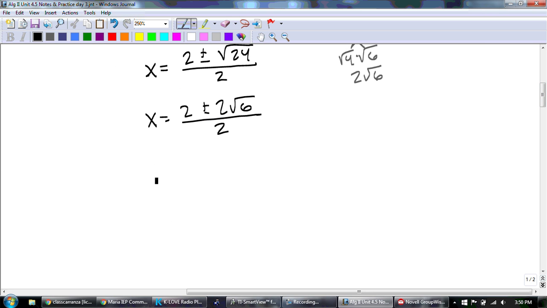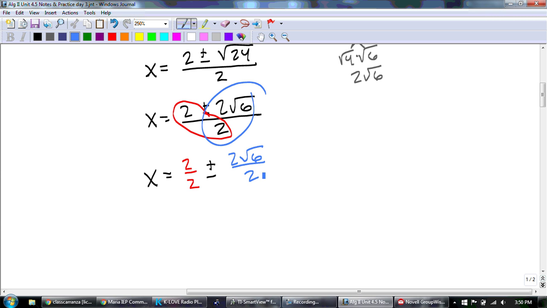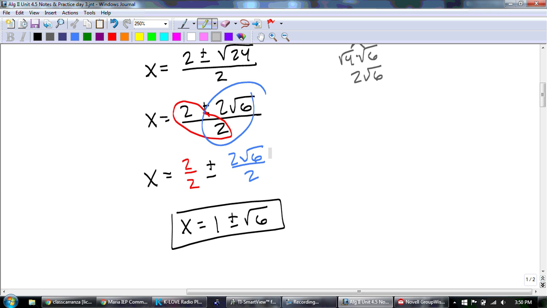Okay, and then we're going to break it up. What do we break it up to? Well, 2 divided by 2, and then we leave it 2 square root 6 divided by 2. To get our final answer of x equals 1 plus or minus the square root of 6. Okay, and that's one like we did the other day.